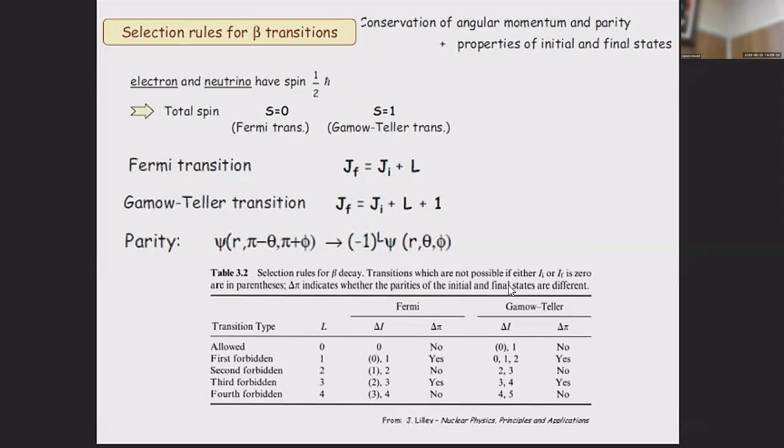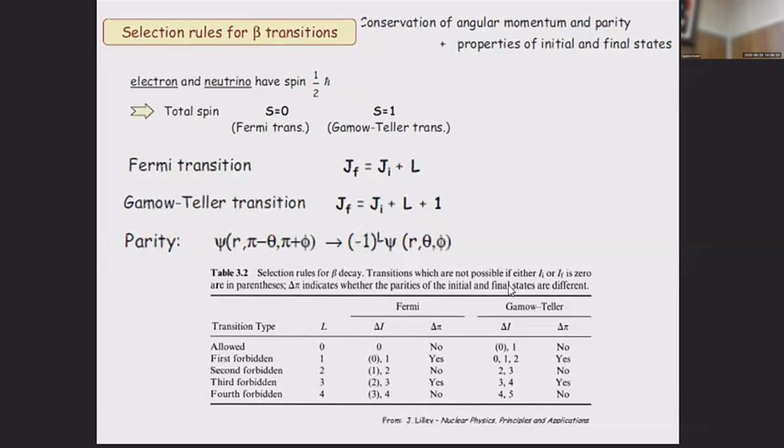At least remember that there are different beta decays depending on the spin and angular momentum. Therefore, it should be Fermi or Gamow-Teller transitions because of the conservation of angular momentum and parity, as well as the properties of initial and final states.